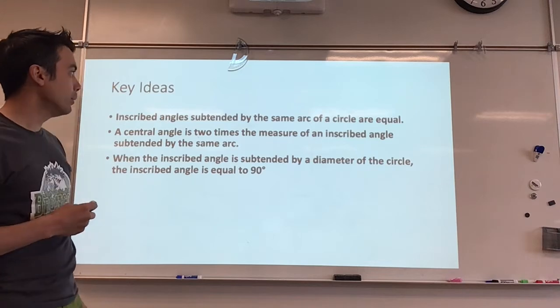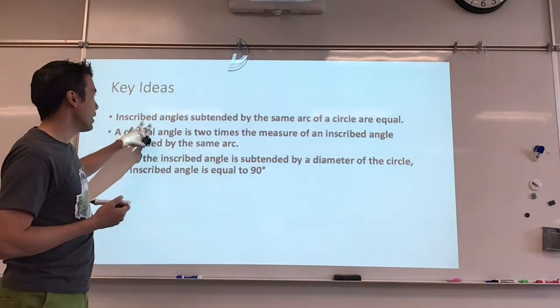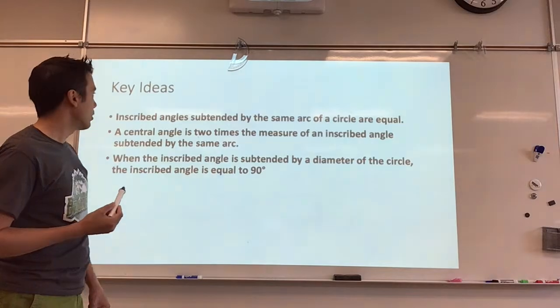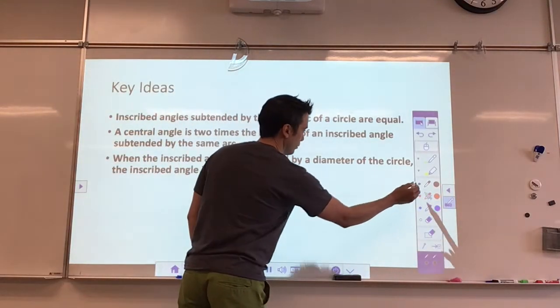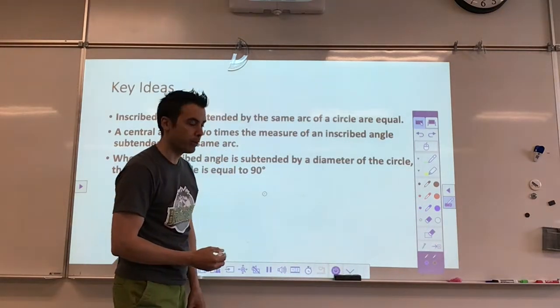Okay, so a couple key ideas. Inscribed angles subtended by the same arc are equal. So what does that mean?